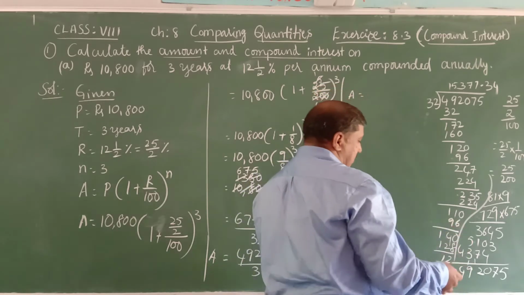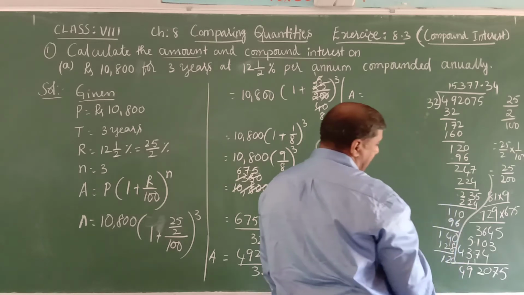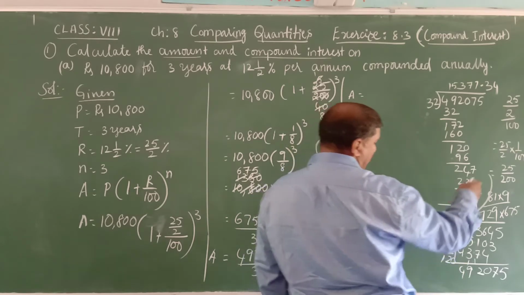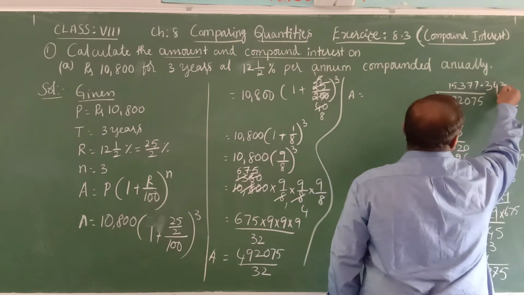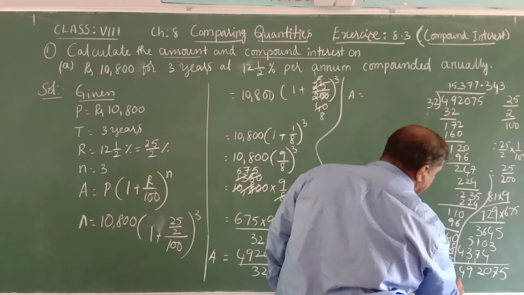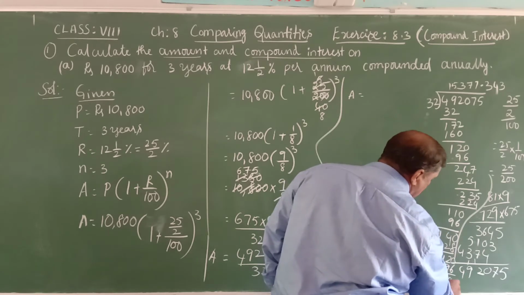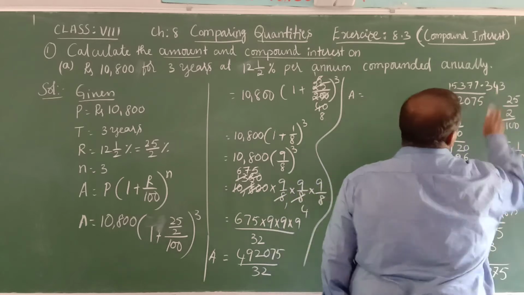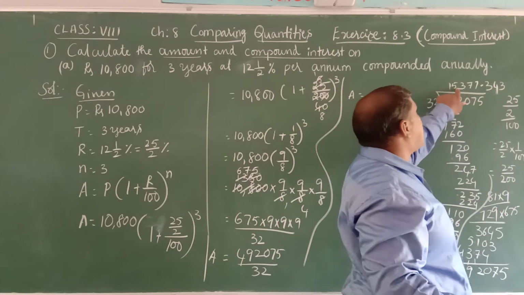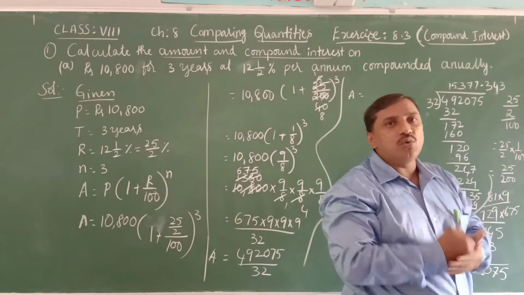So next, if you take one more 0, 120. So 120 means it will go with the 3 table. 3 table will get 96. Subtract 10 minus 6, 4, and 11 minus 10 is 2, 24. So approximately 15,377.343. Take up to 2 digits.